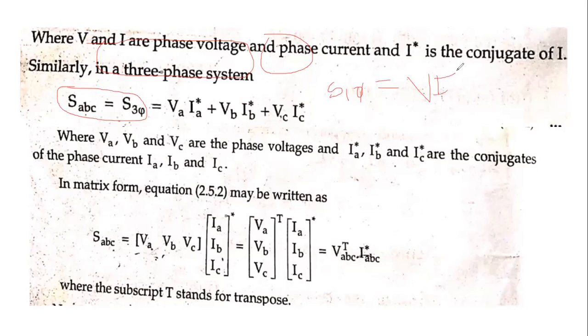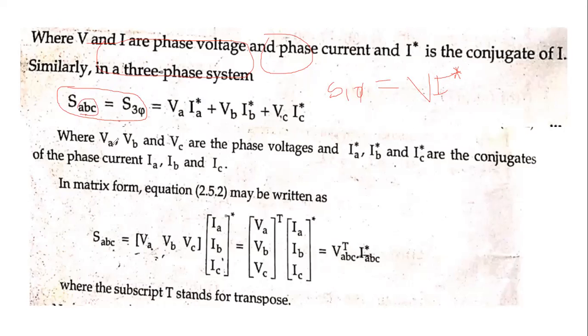Similarly, we write the three-phase power formula: S three-phase is equal to VA IA conjugate plus VB IB conjugate plus VC IC conjugate, where A, B and C are the three phases.